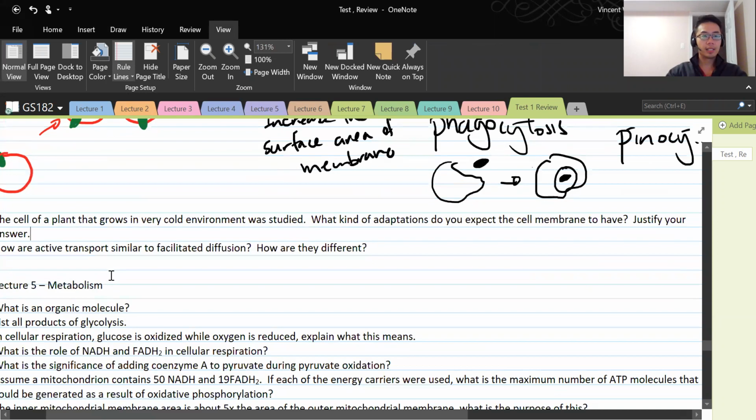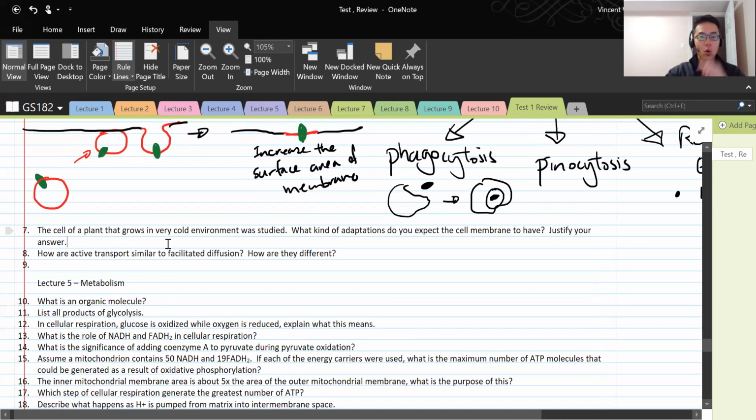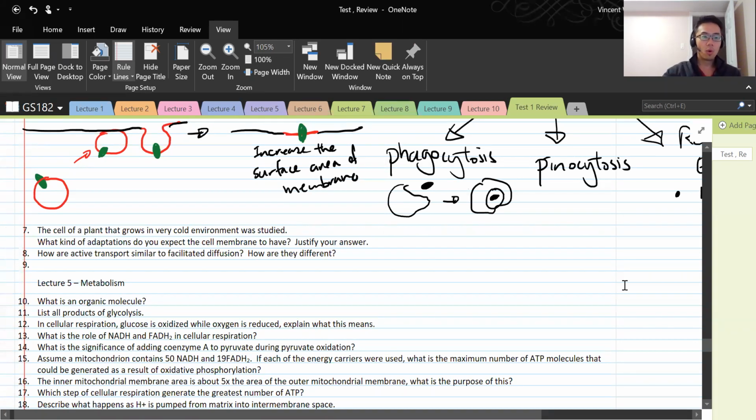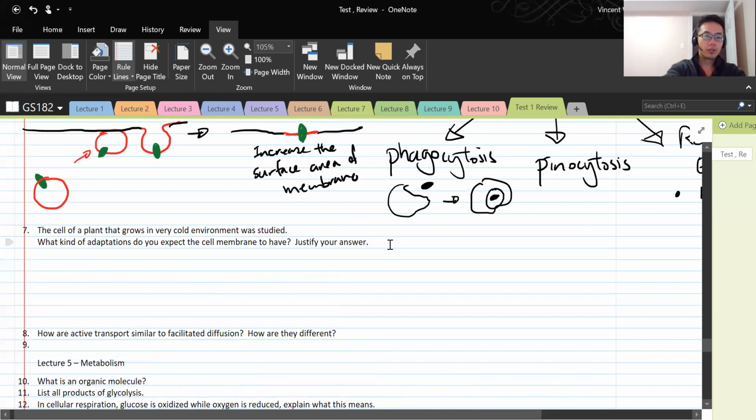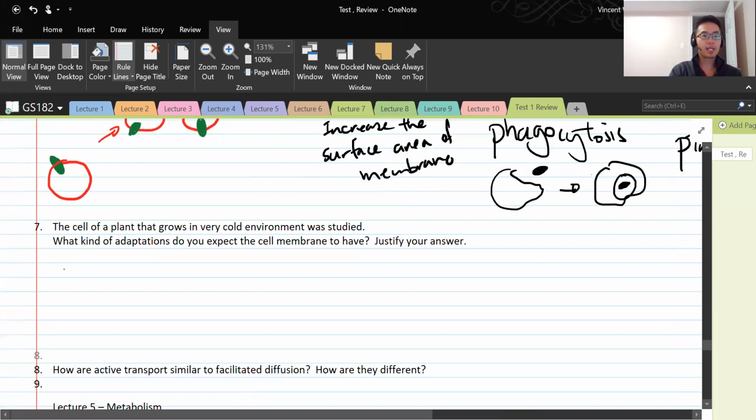Number 7. A cell of a plant that grows in a very cold environment was studied. What kind of adaptation do you expect the cell membrane to have? Okay, so a couple of things here.